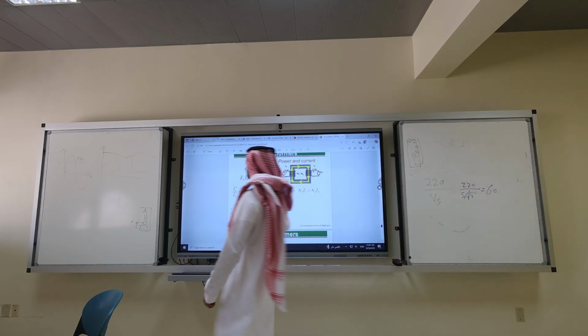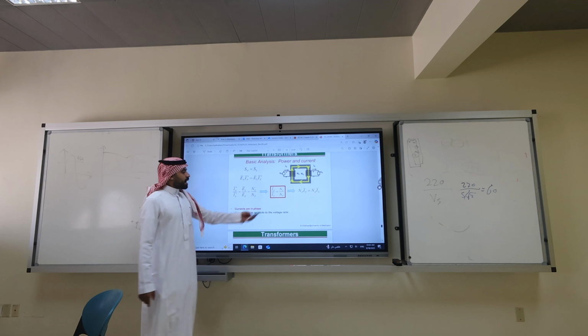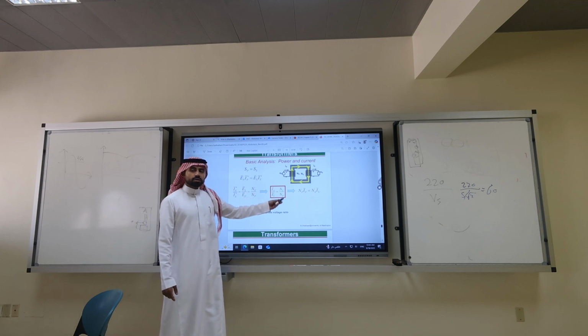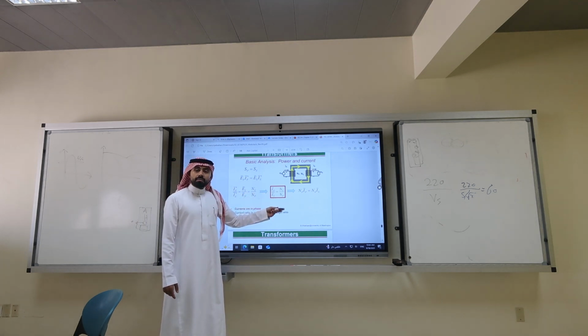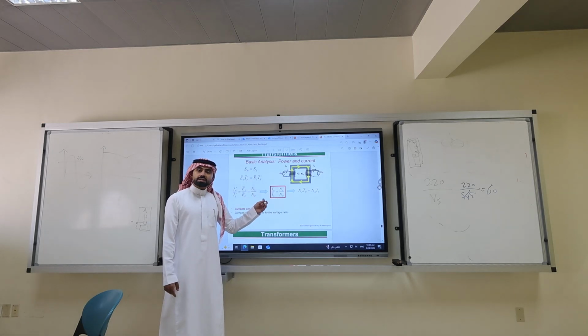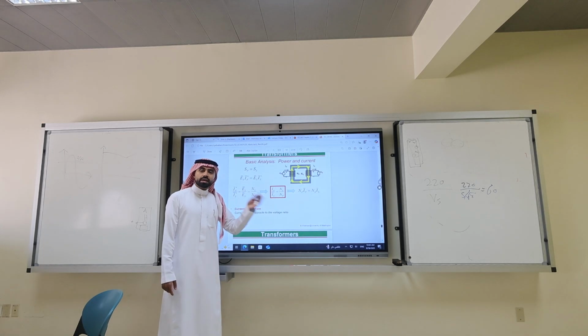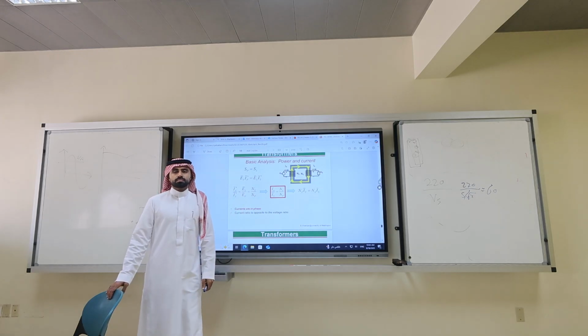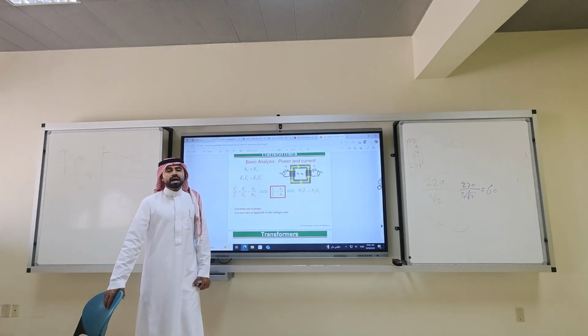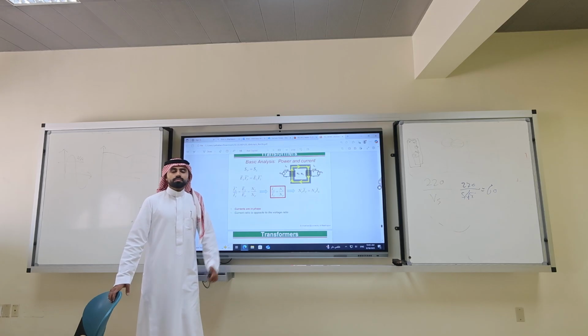Again, current in phase, the current ratio is opposite. Here, IP over IS is NS over NP. In the exam, if you're confused about primary or secondary, just call it side 1, side 2. Sometimes students have a step up transformer and they call the input side secondary.